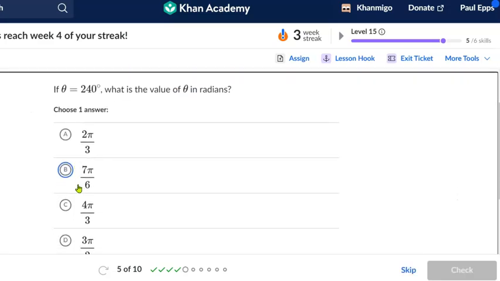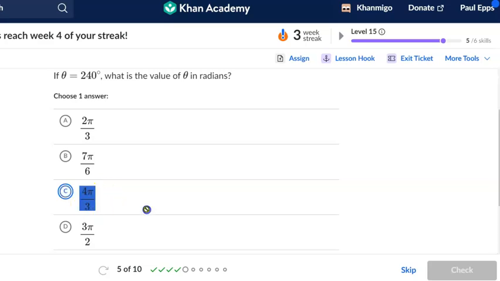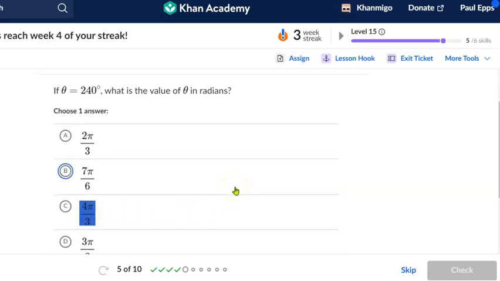If pi equals 240 degrees, what is the value of pi in radians? Okay, well, converting degrees to radians, 360 degrees equals 2 pi radians. So, 1 degree equals 2 pi over 360, or pi over 180.